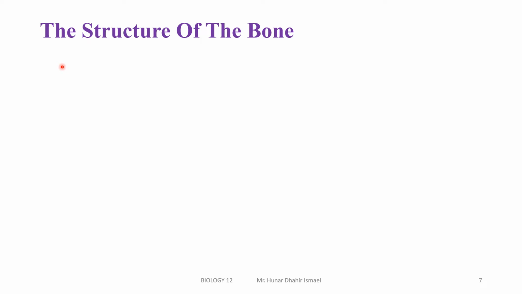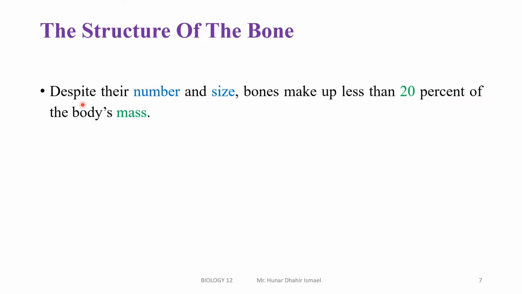Now, the structure of the bone. Despite their number and size, bones make up less than 20% of body mass. Why? We have a lot of types of bone with different sizes, but it's only 20% of the body's mass.